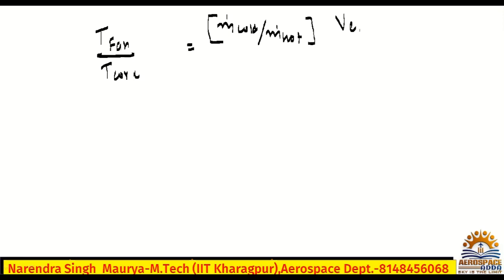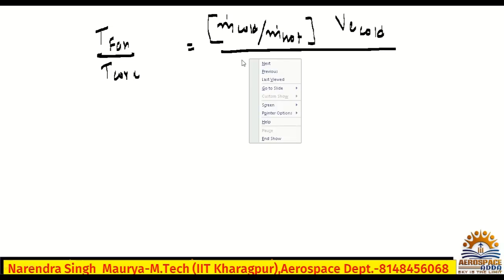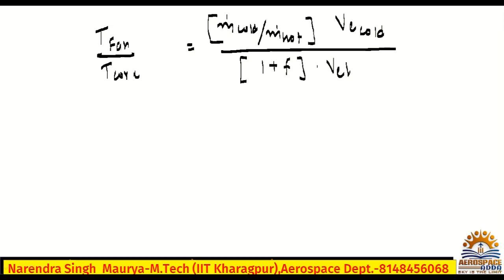You can write anything because I already explained many times, cold and fan both mean the same. And in the bracket we have 1 plus f, f is the fuel air ratio, into V exit.